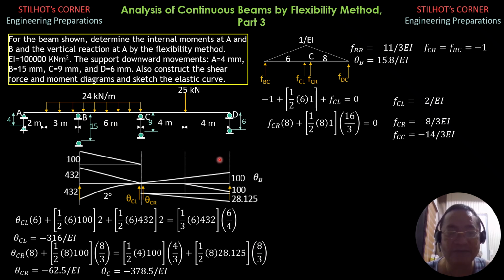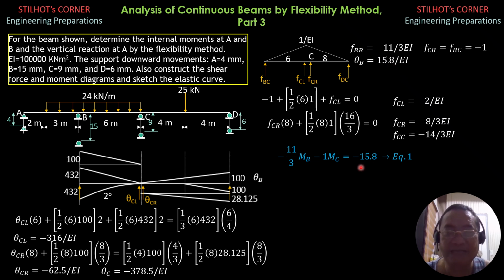That's the first equation: FBB, negative 11 over 3 MB, negative 1 MC, plus theta B, which is 15.8, equals 0. When 15.8 is transposed to the right side, it becomes negative 15.8.